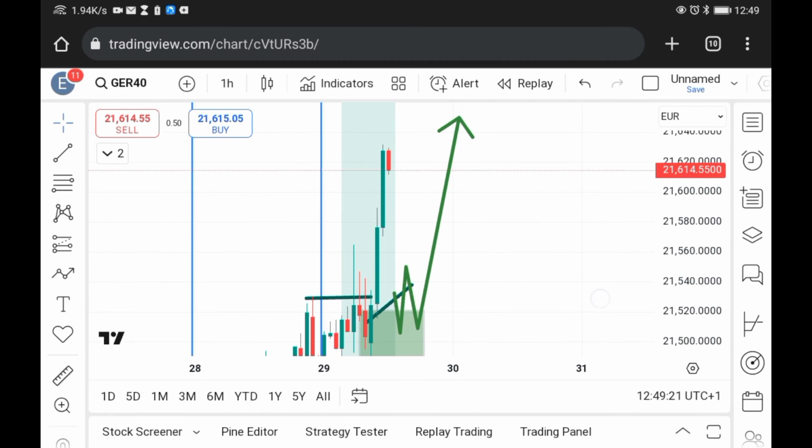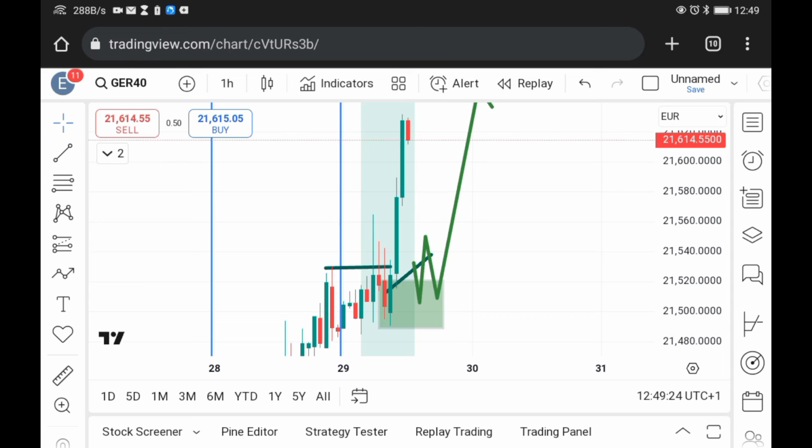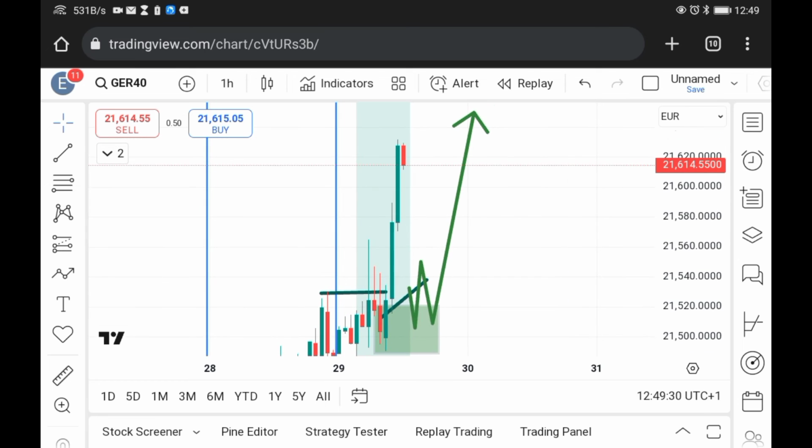So this is how I'm able to divert from my daily to the H1 to look for an entry in this market. Since my daily chart was bullish, this is what I do on my H1 to 5 minutes.